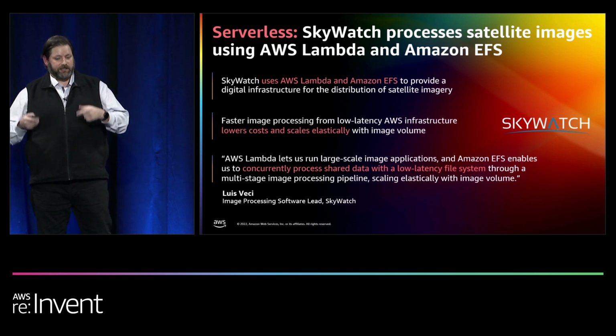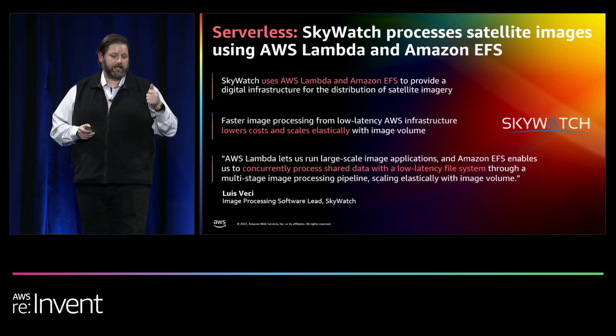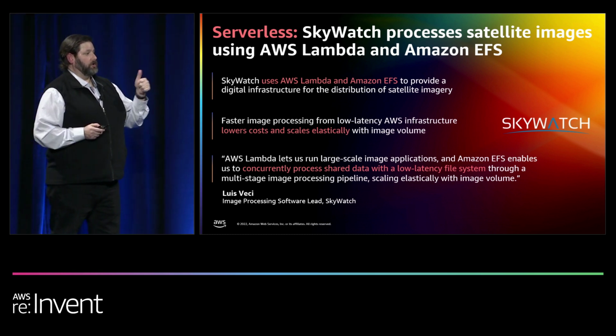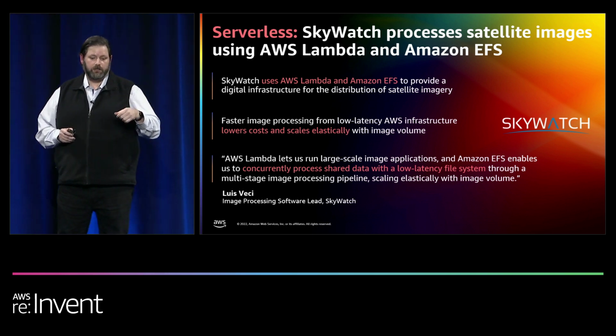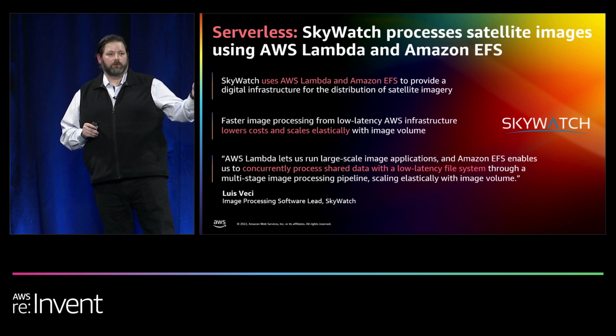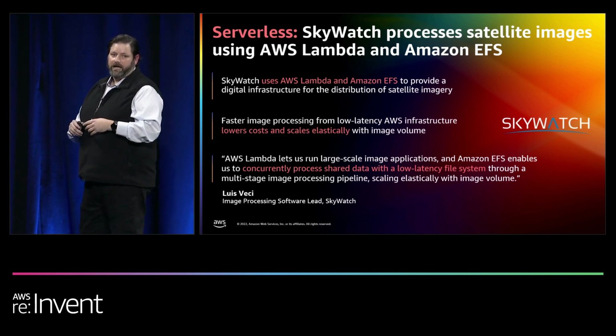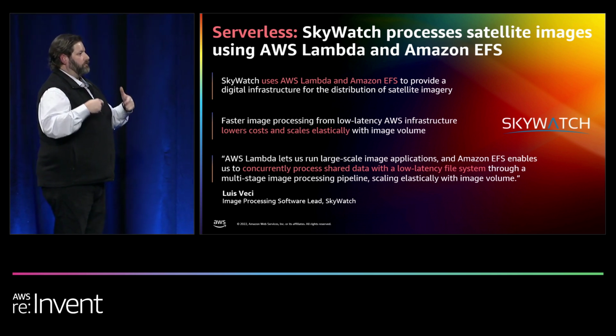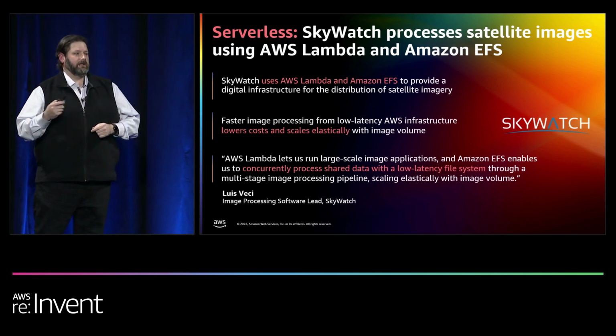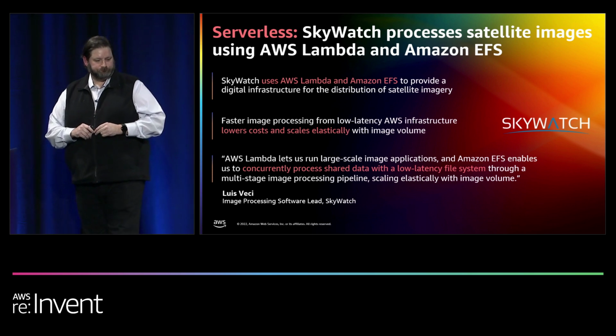By introducing EFS to store the satellite images, it enabled them not only to do concurrent processing pipelines, so they could process multiple images at a time, it also allowed for much lower latencies on the processing path. So again, these two basic challenges that we see with large images and functions, EFS solves for us pretty well.